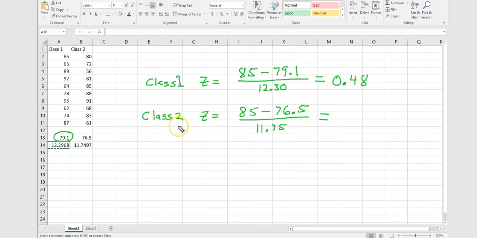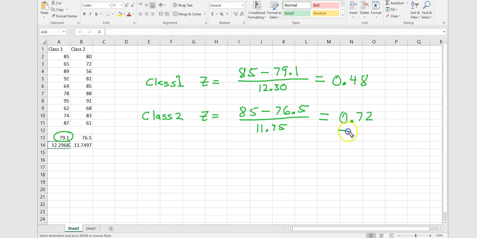And for class 2, we get 0.72. So in other words, the 85 in class 2, that person's score was 0.72 standard deviations above the mean. And in class 1, the person who got an 85, their score was 0.48 standard deviations above the mean.